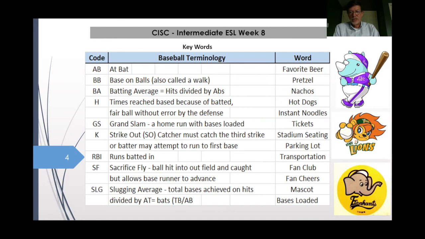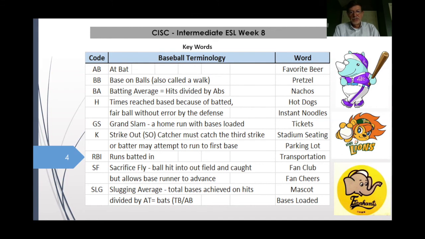So when they're there at home plate, the person is AB or at bat. Base on balls, that's also called a walk. That's when the batter gets thrown 4 poor pitches, so that they're not strikes. So if you throw 4 balls, then you get to walk.